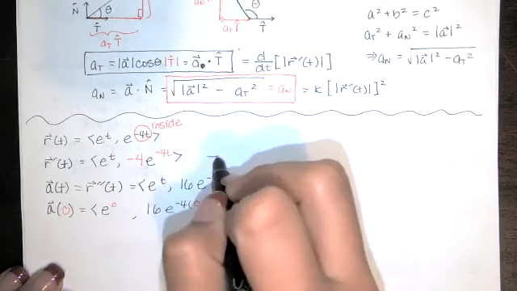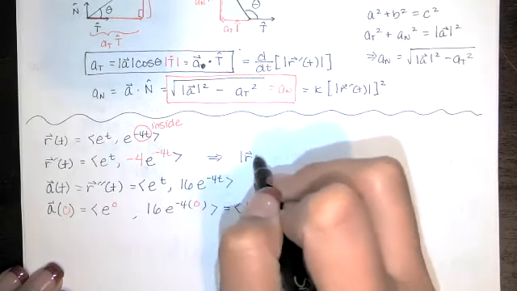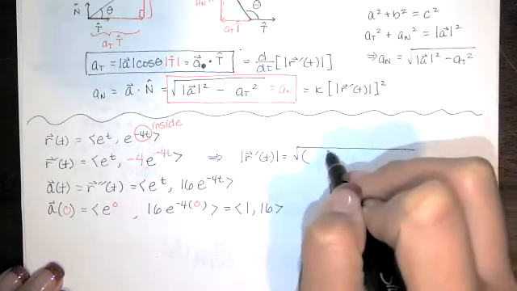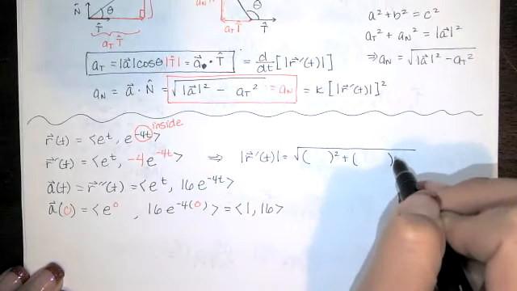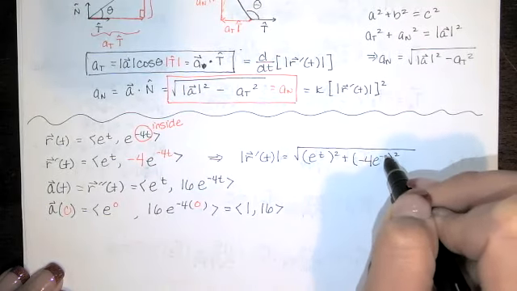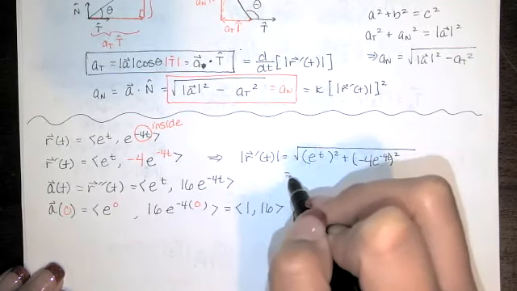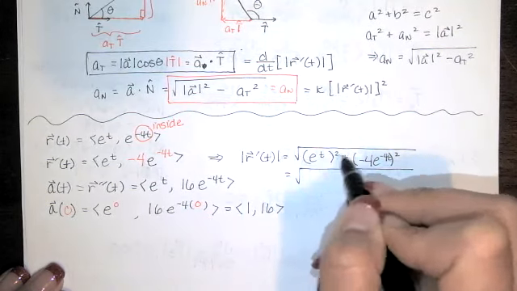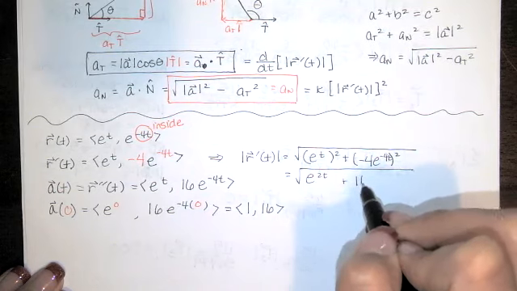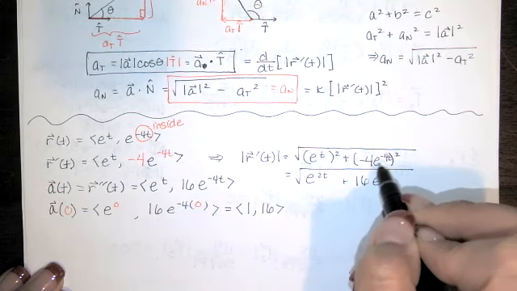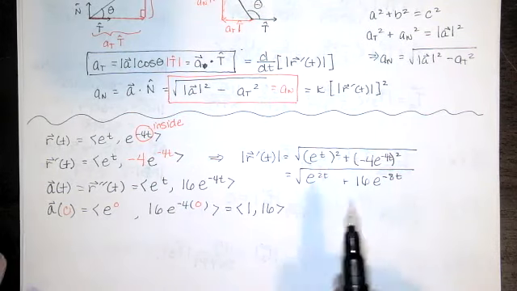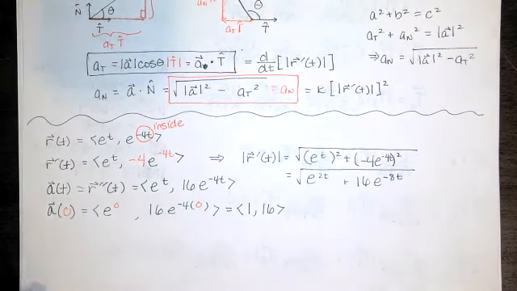So what I would recommend from here is that you compute the magnitude of r prime just by taking the components, squaring them, adding them and taking the square root. So I have an e to the t there and a -4 e to the -4t there. When you square this, you multiply the exponents, square the -4 to get the 16. Here you've got e to a power raised to a power, multiply the exponents as well. And that is our magnitude.